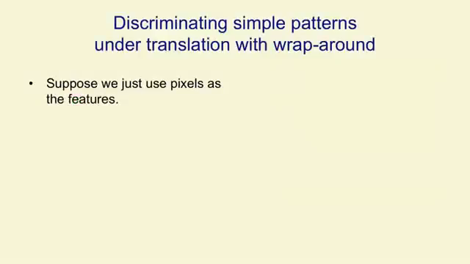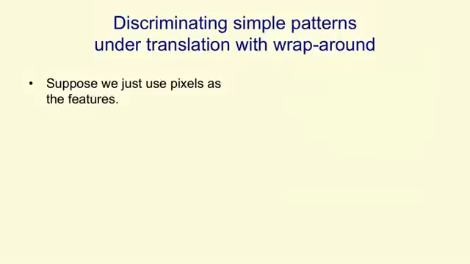An even more devastating example for perceptrons, because it's much more general, is when we try and discriminate simple patterns that have to retain their identity when you translate them with wraparound. I'll give you an example of what that means in a minute. But the idea is that we want to recognize a pattern, and we want to recognize it even when it's translated.